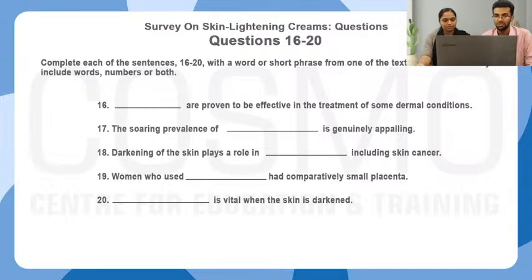So those are the keywords, soaring prevalence and genuinely appalling. Now, in which text can we find keywords or the synonyms of these keywords? Okay, so everyone understood which are the keywords in this question. Now, everyone please find out in which text you can find these keywords or the synonyms of these keywords.